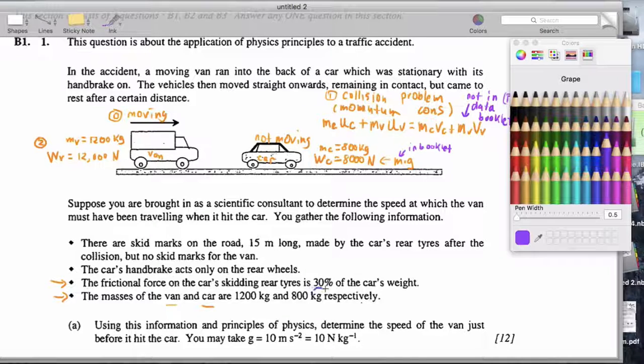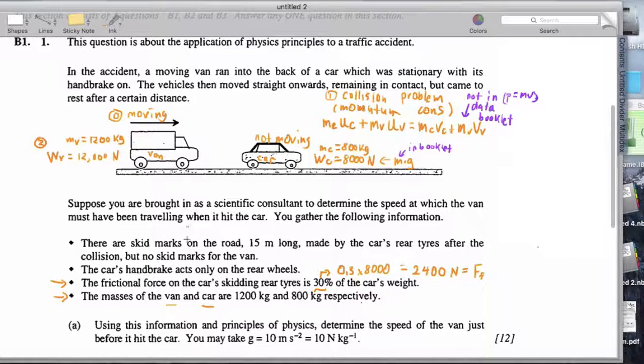Now, it's 30% of the car's weight, so let's just work that calculation out. That's going to be 0.3 times the weight, 8,000. So that's going to give me 2,400 newtons of friction force. And I'm going to label that with an F, subscript F, just the way the IB does it.